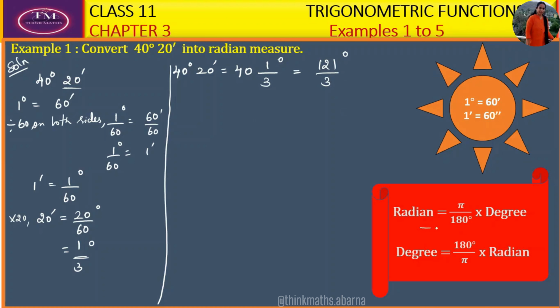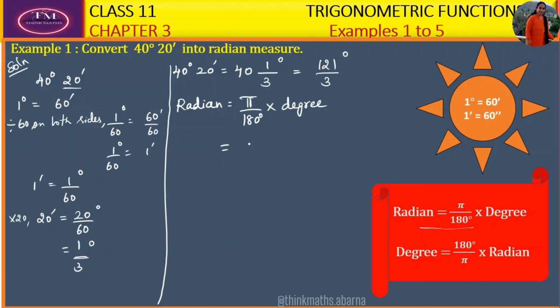Now we will use this formula. Radian equals pi by 180 degree into degree. If we need radian, the numerator will be pi. If we need degree, the numerator will be 180 degree. In this way, you can remember the formula.